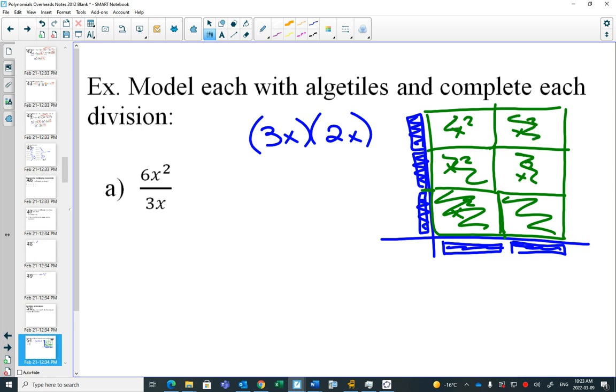If we had our algetiles out, we could make a rectangle if one side was 3x and the other side was 2x, and it would equal 6x squared, which is our multiplying already. When we get to dividing, we have to think opposite of multiplying. We know the area, and we know one side. What would the other side be?